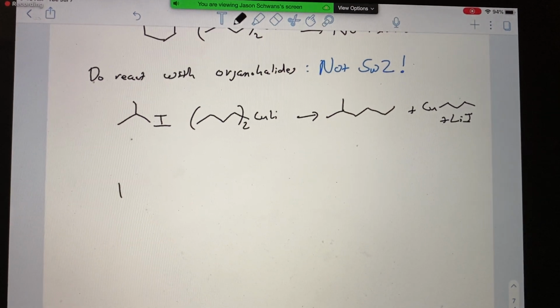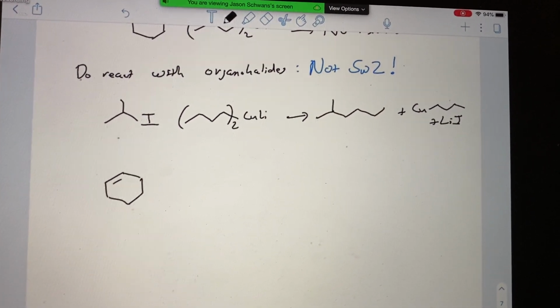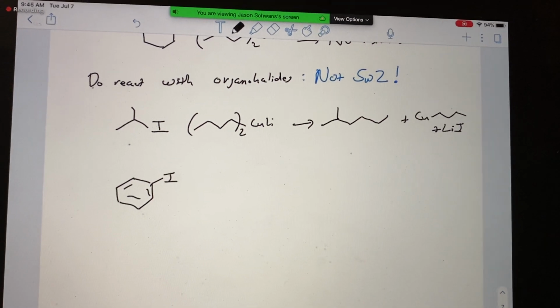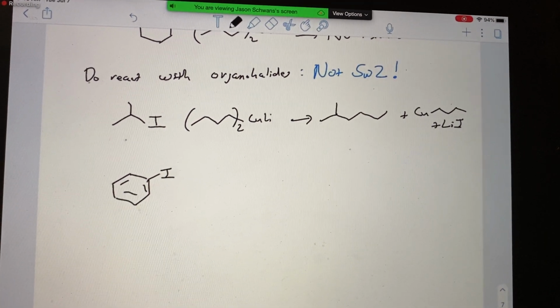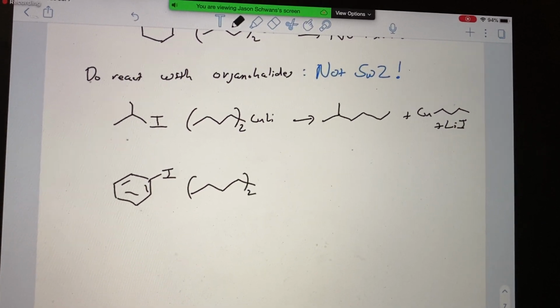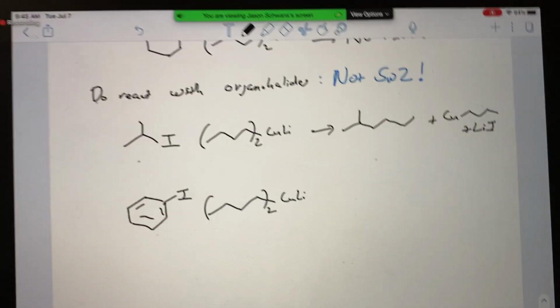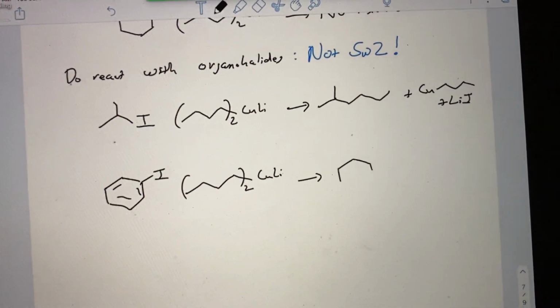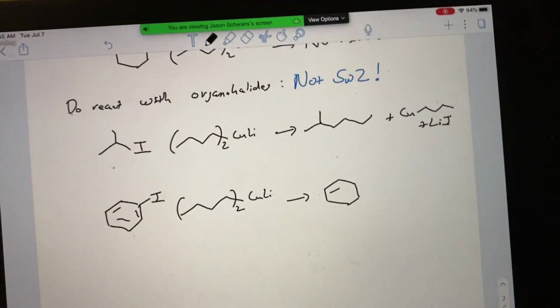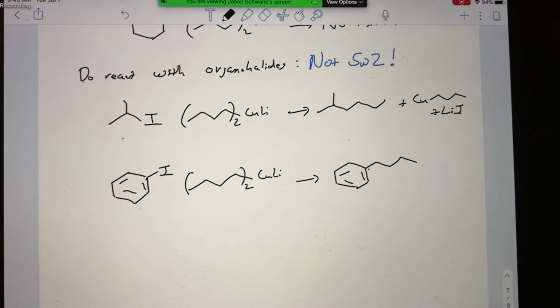So, as mentioned, it's probably not an SN2 reaction, because you can take an aryl iodide, so benzene, and react this with this organocuprate, what's known as a Gilman reagent, and this actually reacts and will introduce those 4 carbons onto benzene as a product, plus the other stuff.